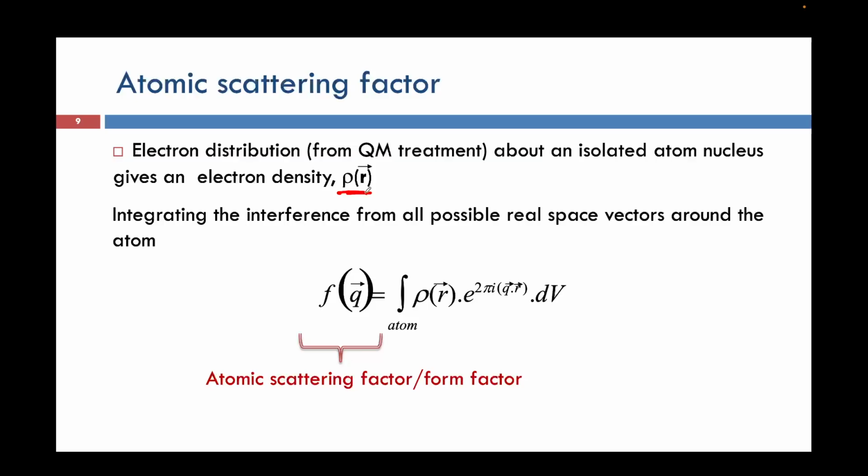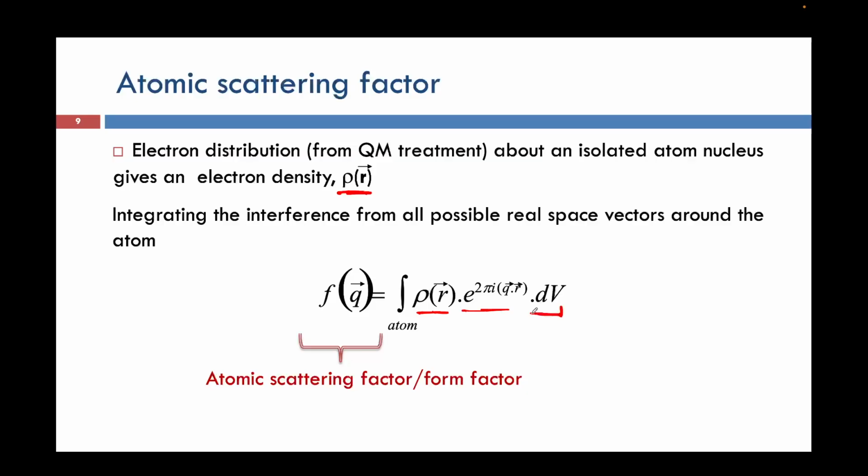And by integrating the interference, you will get this kind of structure. Fq, if you take all those, this is the charge density and e to the power i q r, and if you integrate those things, I will show you in the next slide how this integration happened. You need not worry about that integration. I am just telling you how these things come out.